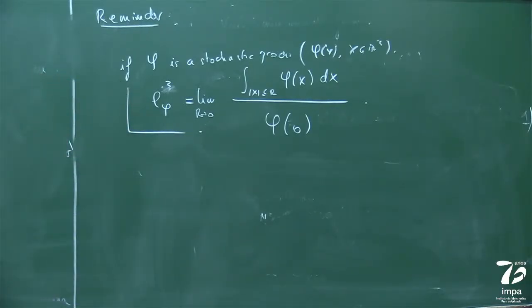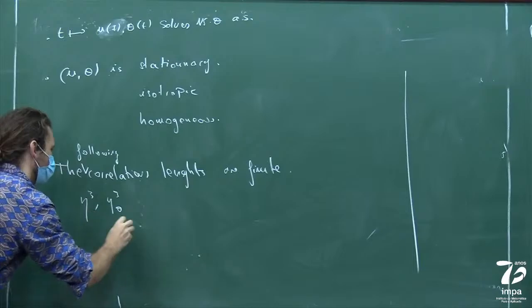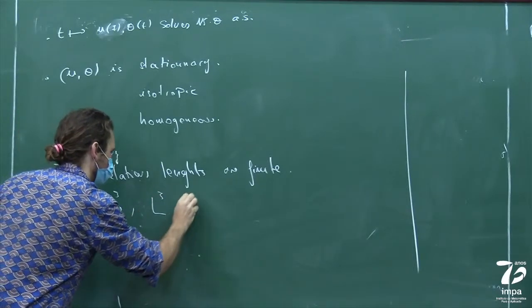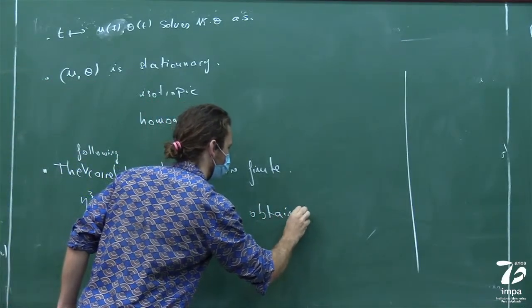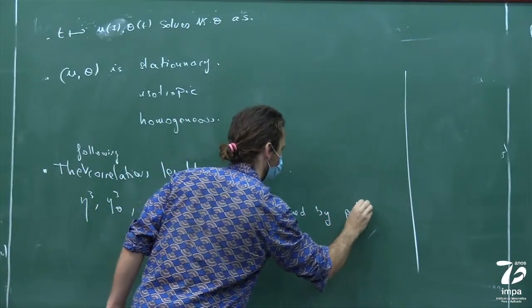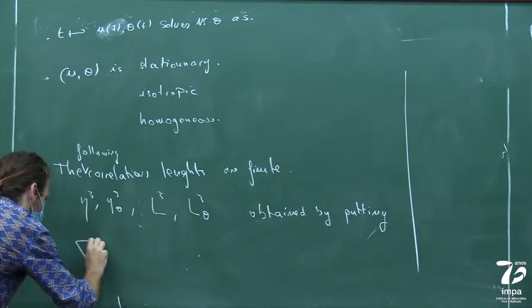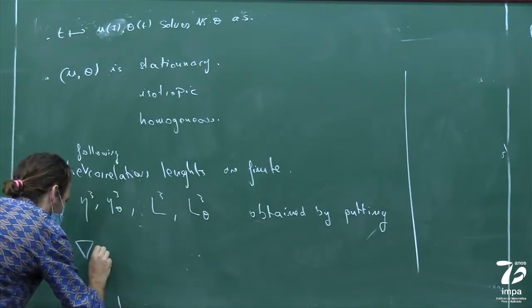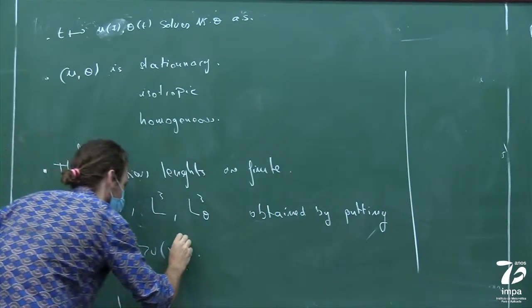So I want eta cube, theta cube, L cube, and L eta cube obtained by putting phi equals, so for this one, for example, this one will relate to the gradient, so it will be delta u of 0, delta u of x, average.